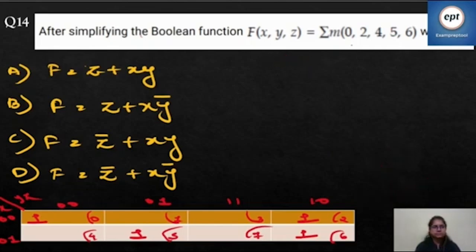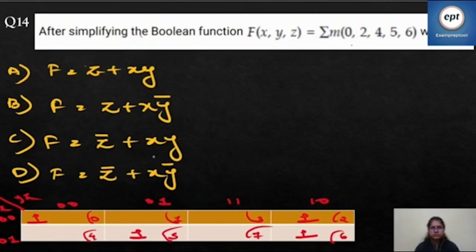And now, here on 0 we have made 1, 2 we have written, 5 and 6. Now it's time to do the grouping. So let's check for the grouping. You can see which pairs should be grouped, but you have to consider the largest group possible.